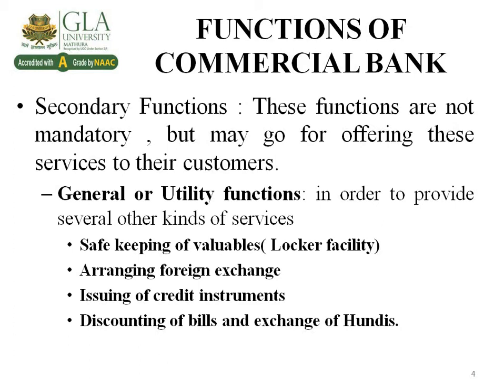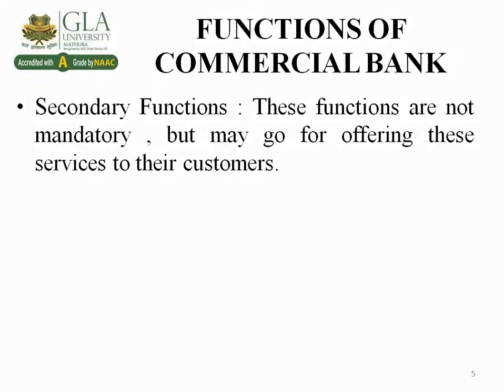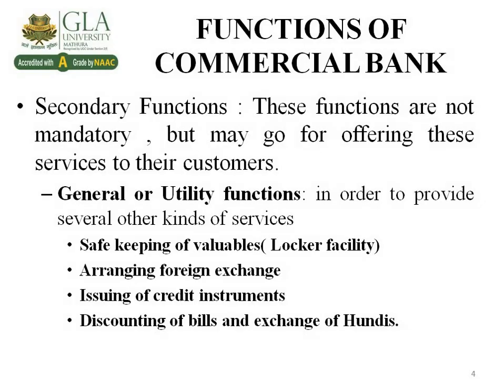By getting the amount of the bills in advance of the due date, businessmen enjoy a great advantage of better money circulation, and at the same time banks charge a certain rate of discount, and that's why it is known as discounting of bills. They charge a fixed percentage, which also forms a mode of revenue to the banks, right?